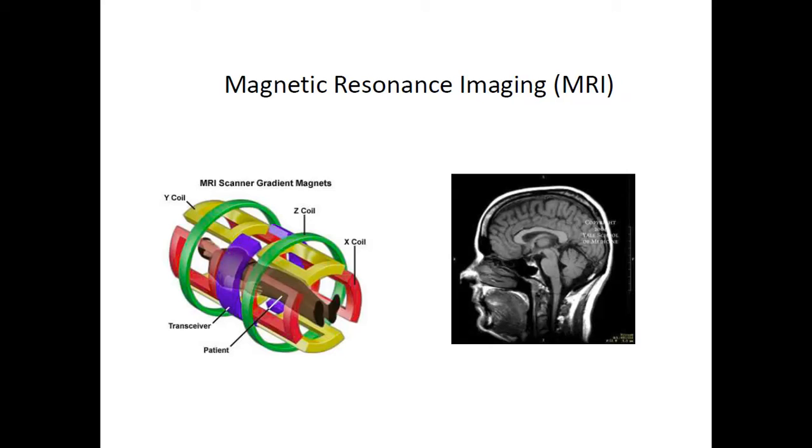You actually send a non-invasive energy wave in. You do some radio frequency wave, but it's not meant to bounce back and give you an image or anything. All it does is allow the body to resonate because they're in a very strong magnet.